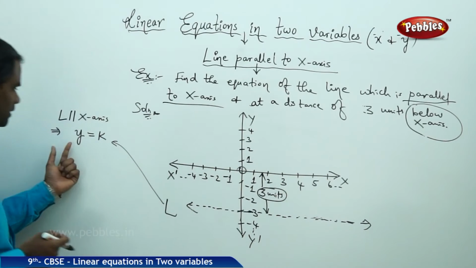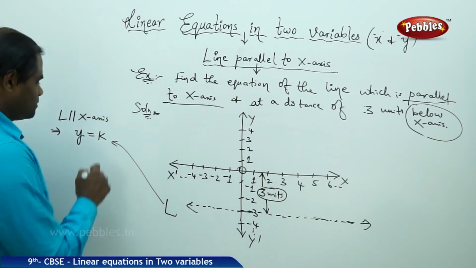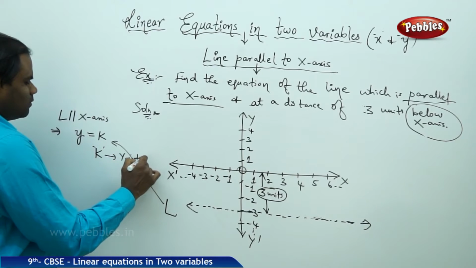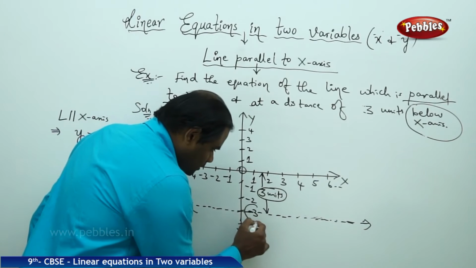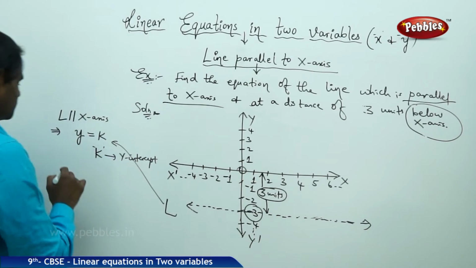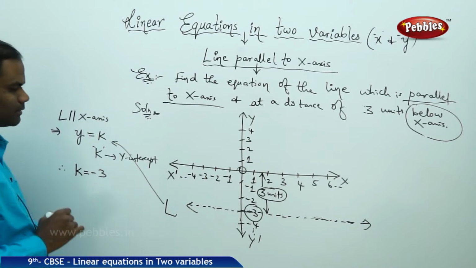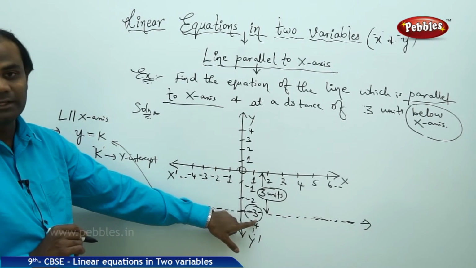So this can be expressed as y equal to k, and k is the y-intercept. My k out here is the y-intercept. Now as I know my y-intercept out here is minus 3, therefore k is minus 3. As clearly seen, my line cuts y-axis at negative 3.